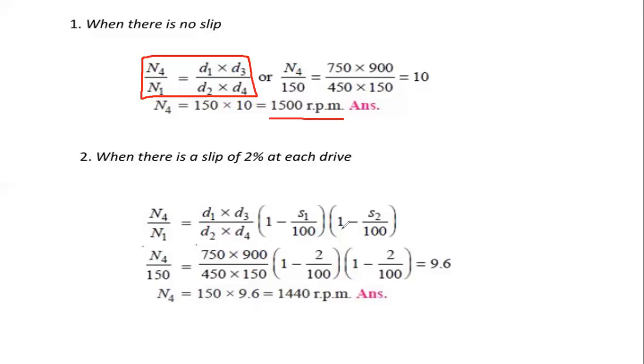The obtained value is 9.6, so N4 by 150 is equal to 9.6. That is 150 into 9.6, so in total we got the speed as 1440 RPM. Compared to the first one, it is somewhat lesser, that is 60 RPM lesser than when there is no slip.